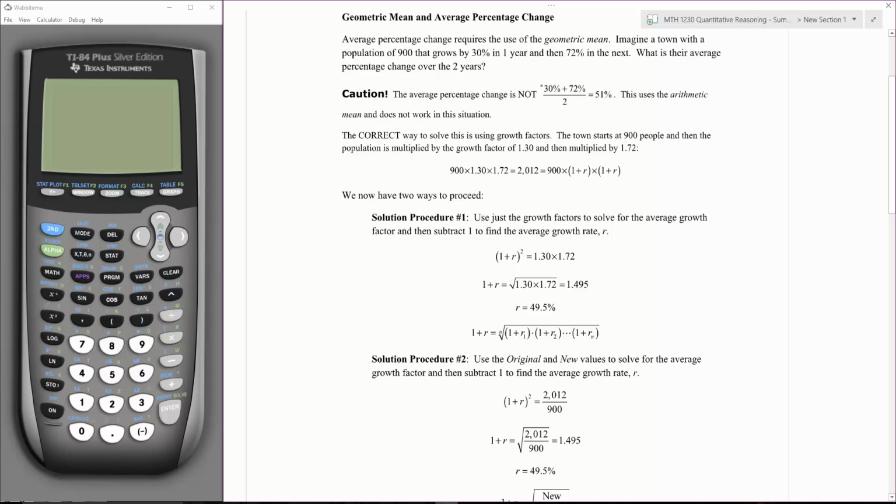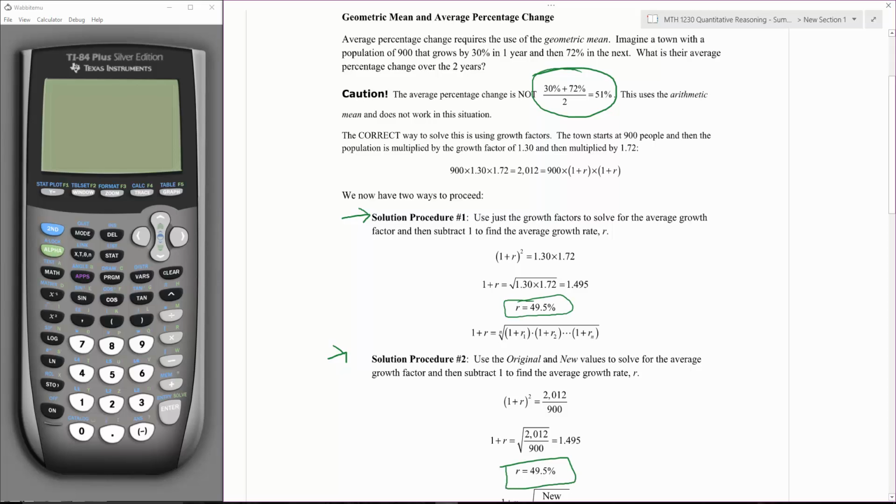But the thing to note is that the average percent change in this example is not the arithmetic mean. This is the arithmetic mean, and that doesn't work. So we can use this procedure or this procedure to find the average percentage change, which is 49.5%.